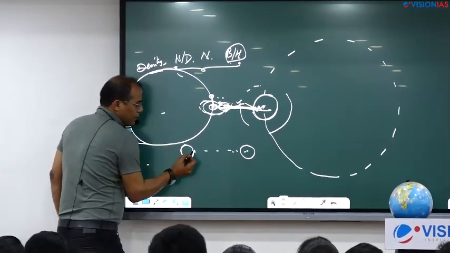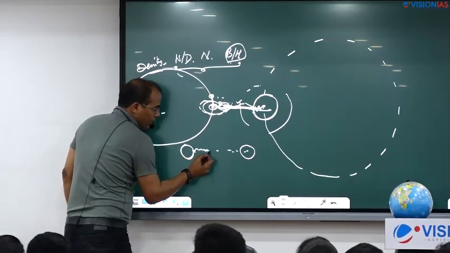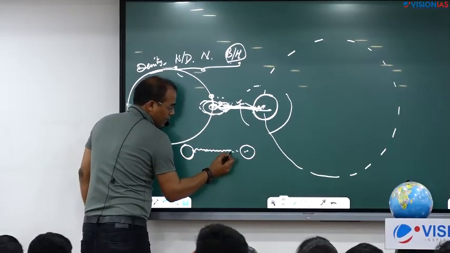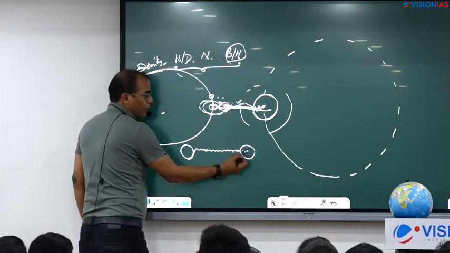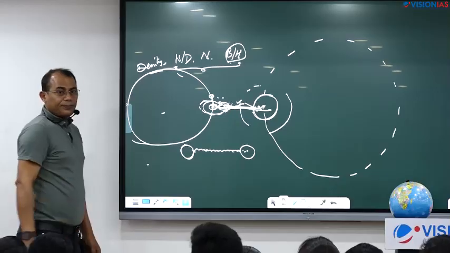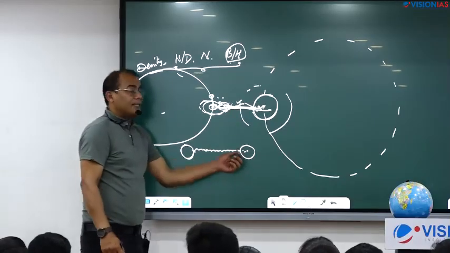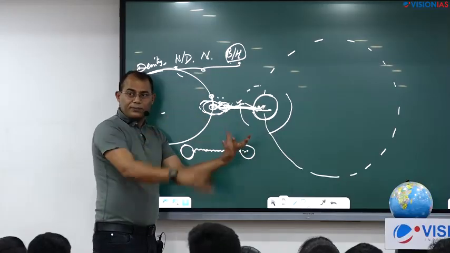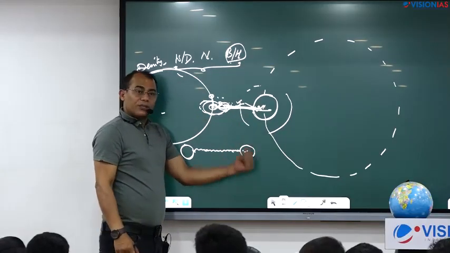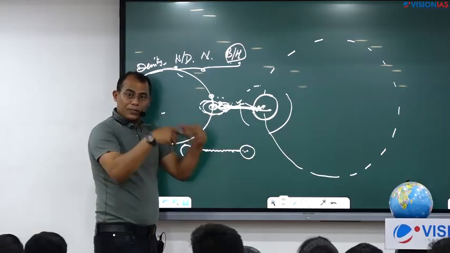That material will appear moving in this direction. It will be visible till here, and the moment it reaches the black hole, it disappears. So it acts as a dustbin or a hole where you can put everything. It is black because it's not visible, and hole because it absorbs everything around.